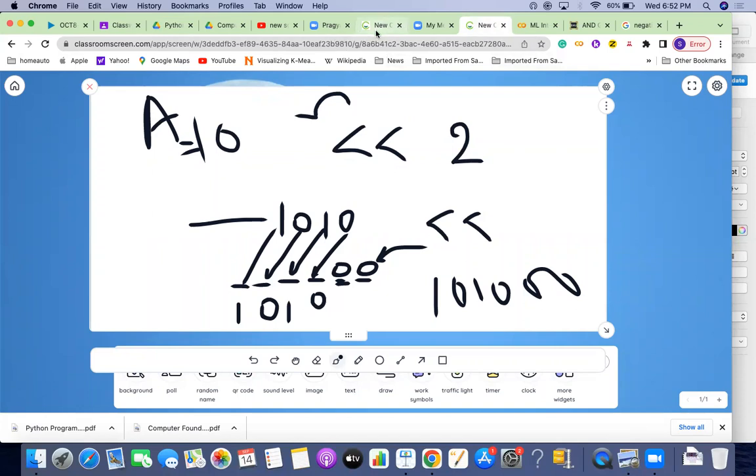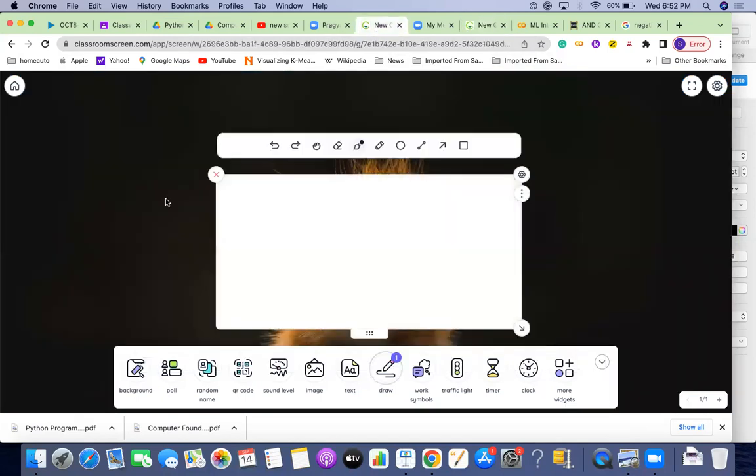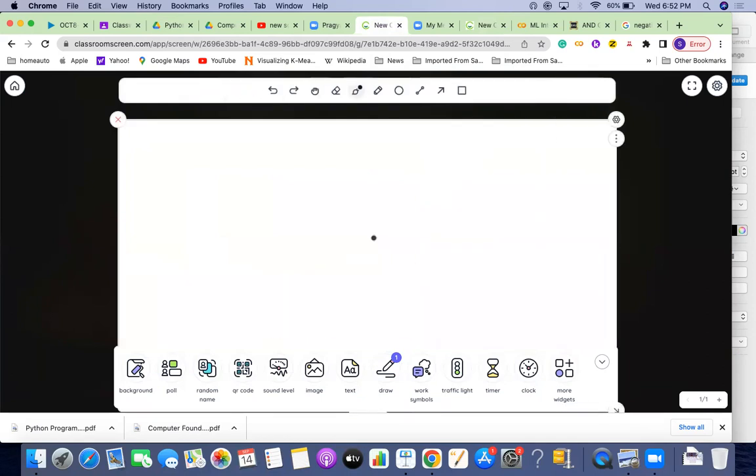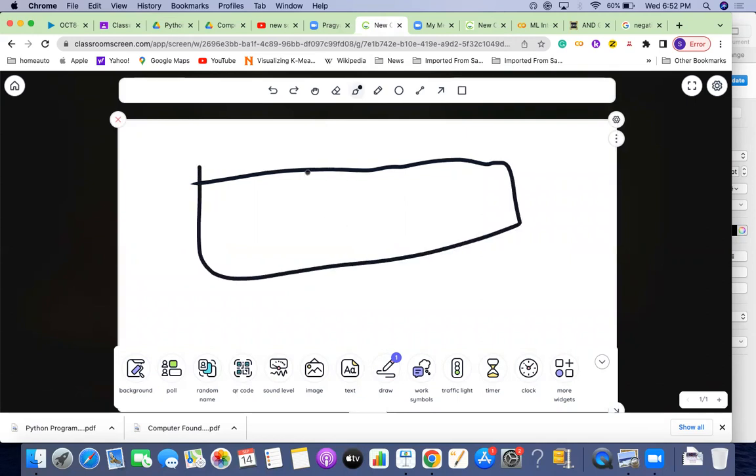Take another example. Say you are playing musical chairs, where a certain number of chairs are there, like bits. Assume we have around 8 chairs, correct?